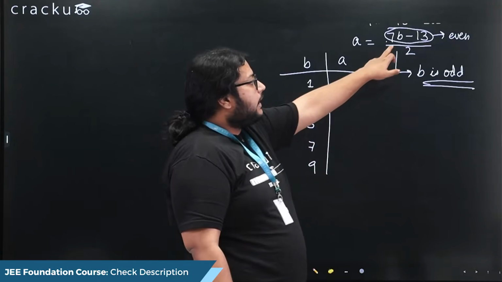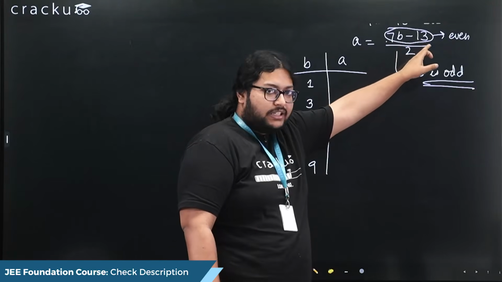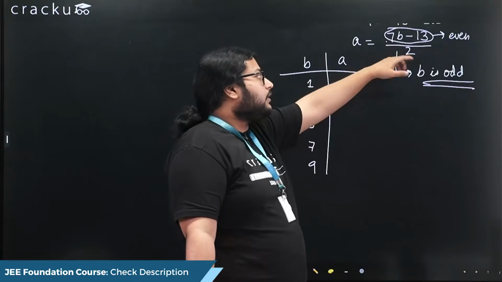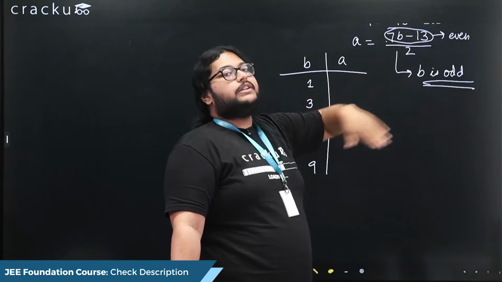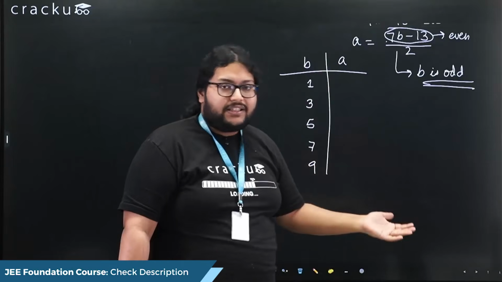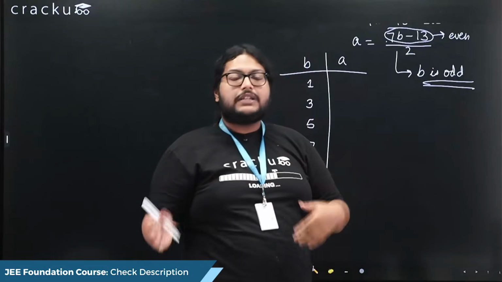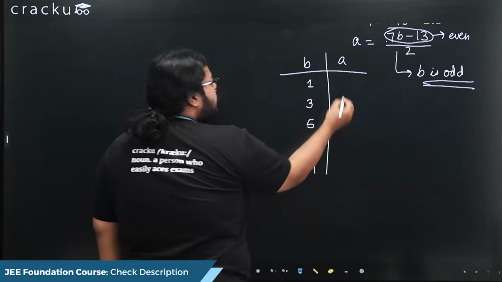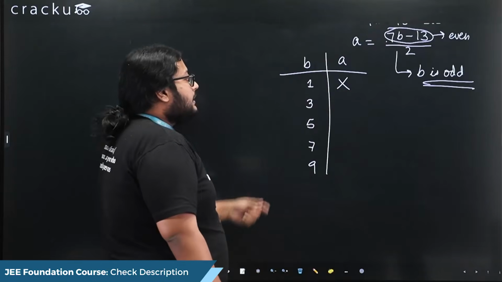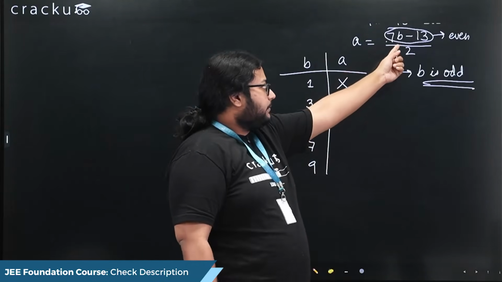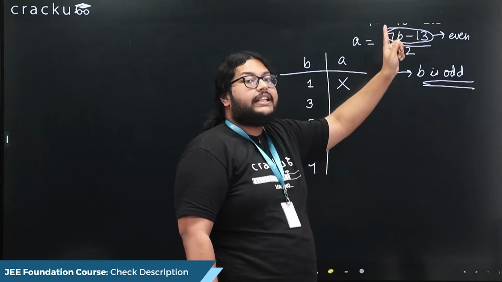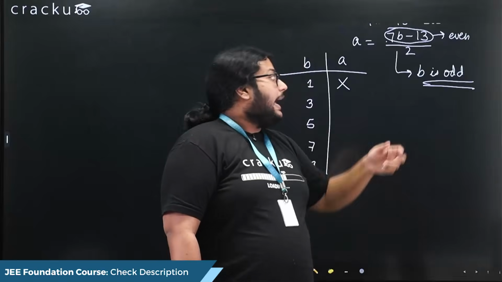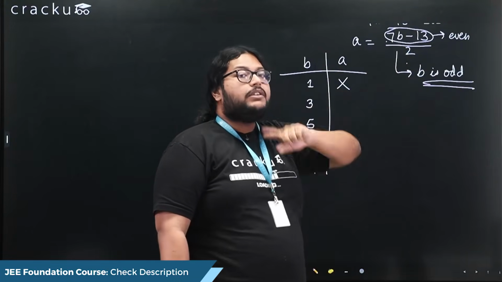If I put B to be 1, then it's 7 minus 13, which is minus 6. So minus 6 divided by 2 is minus 3. A cannot be negative. A can only be from 0 to 9 because A is a digit. So B equal to 1 is not giving me a solution. If I put B to be 3, then 7 into 3 is 21. 21 minus 13 gives me 8, and 8 divided by 2 gives me 4.